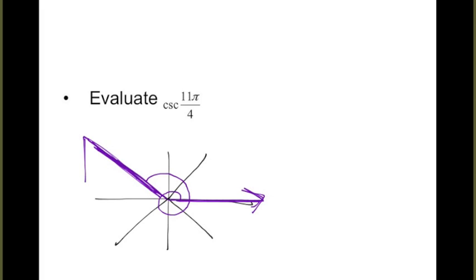Connect to the x-axis. That makes a triangle for us. What is our reference angle? 45. 180 divided by 4 is 45, or 90 divided by 2 is 45. So this is a 45, 45, 90, and we'll label our sides. 1, 1, and square root of 2 are the sides of a 45, 45, 90.